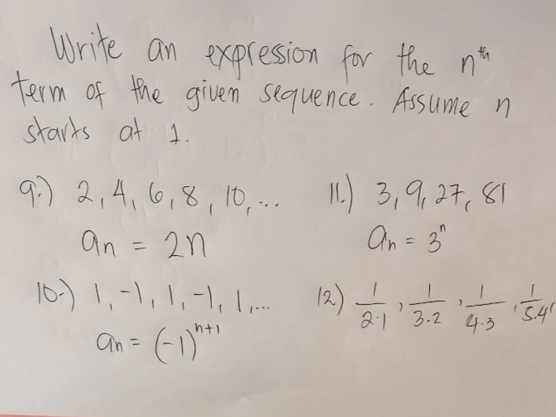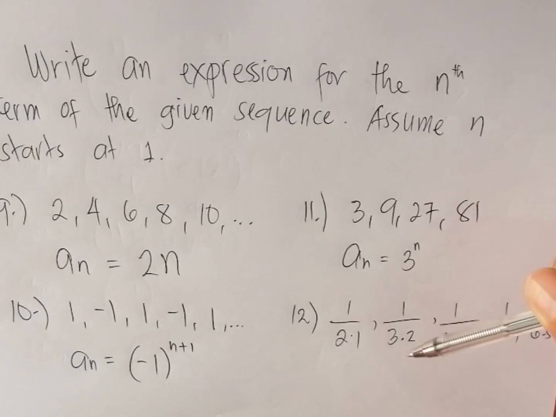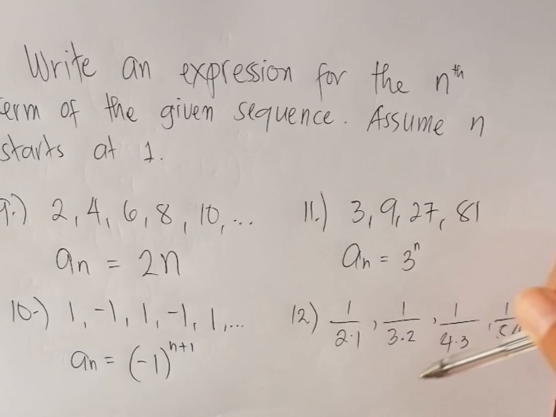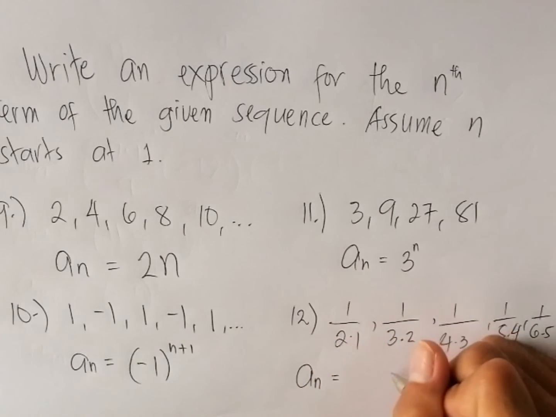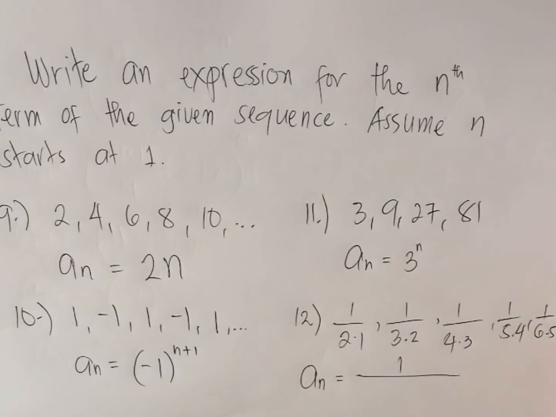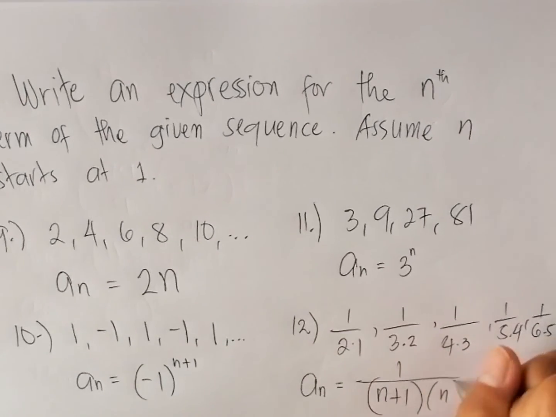Then for number 12, that is 1 over 2 times 1, 1 over 3 times 2, 1 over 4 times 3, 1 over 5 times 4, 1 over 6 times 5. So that is equal to a sub n is equal to 1 all over n plus 1 times n.